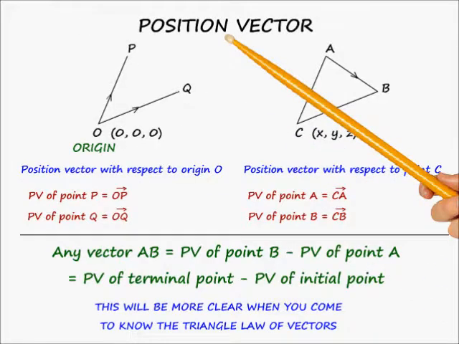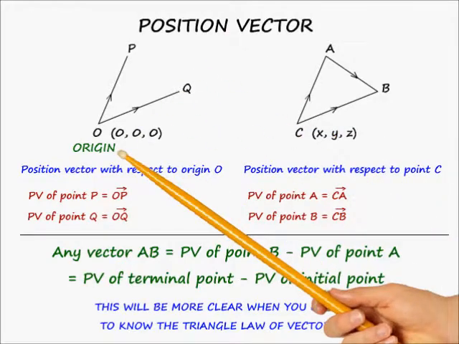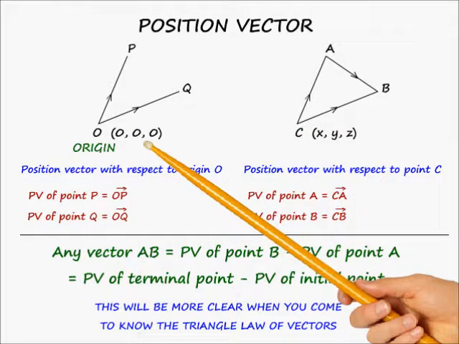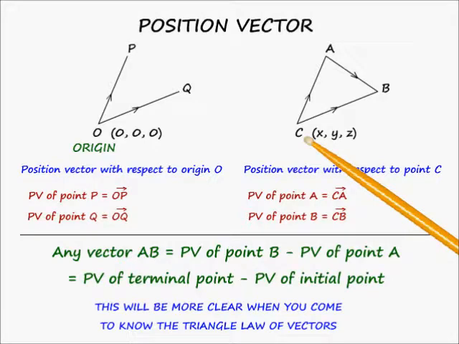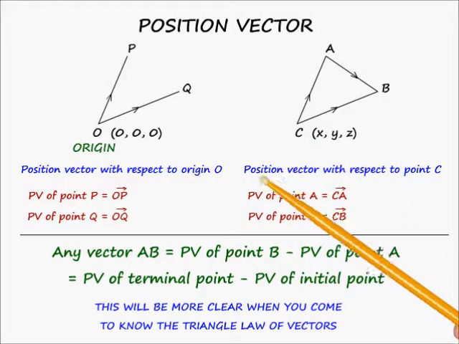Position vector. Position vectors are vectors whose initial point is a fixed point, which is normally taken as the origin with coordinates 0, 0, 0 in three-dimensional real coordinate space. The fixed point may be thought of as any other point other than the origin. In that case, we get the position vector with respect to that point.